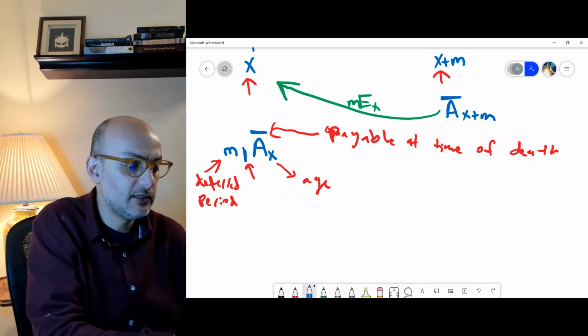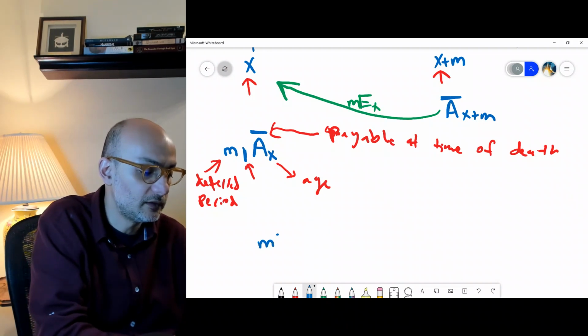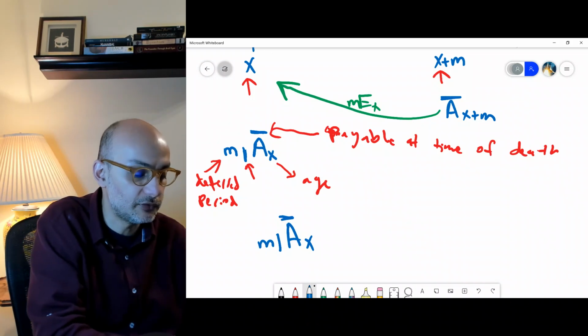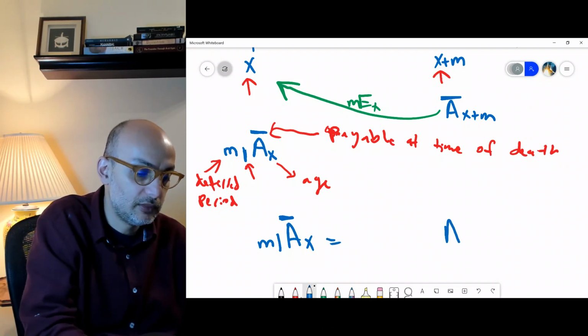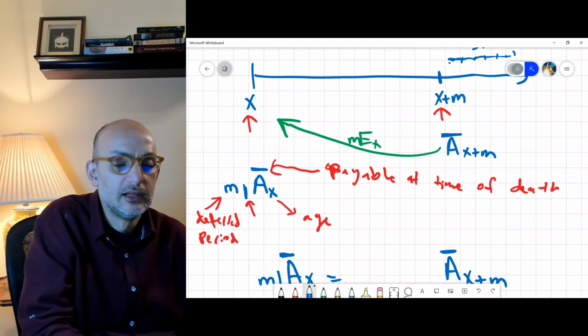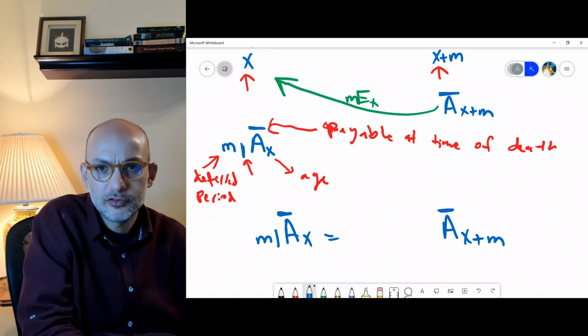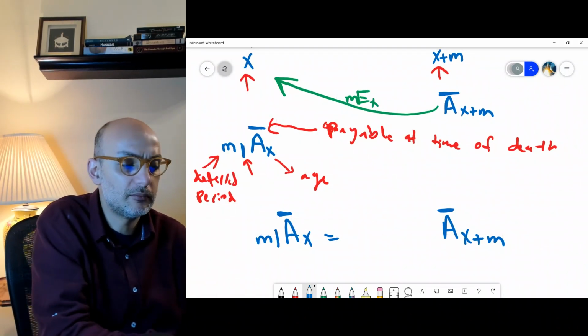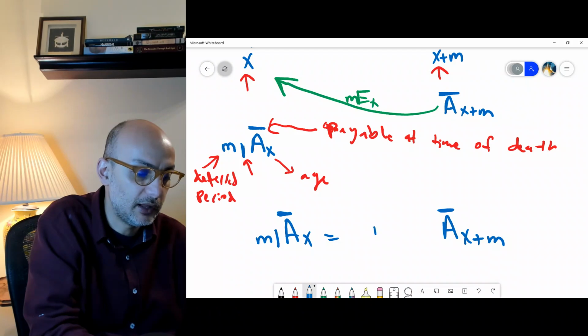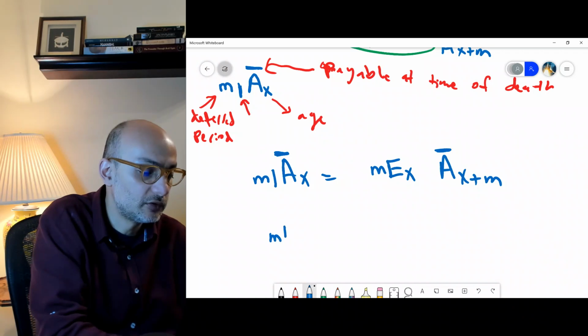Now let's relate this one with A_{x+m}. The m-deferred A_x, the unit of insurance paid at time of death but deferred for m years, relates to A_{x+m} simply because in actuarial mathematics, when you discount back, you multiply by mEx. What is mEx?